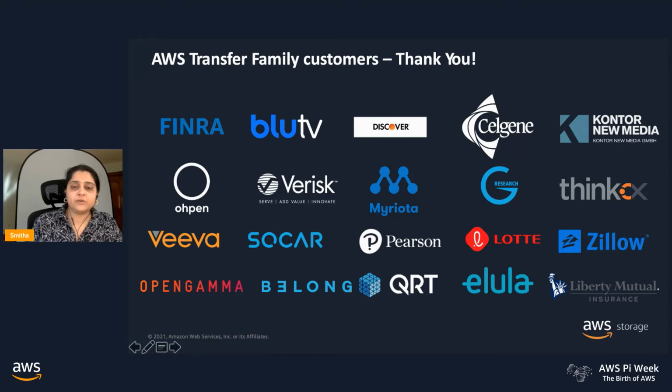More recently, we have a blog post with Discover Financial Services, who have built a lot of features, including with AWS Transfer Family, to send and receive data with their business partners and ultimately use that data in AWS for their data science analysis. So this is just an example of one of the many customers who have taken advantage of the service to move end-to-end workloads to AWS.